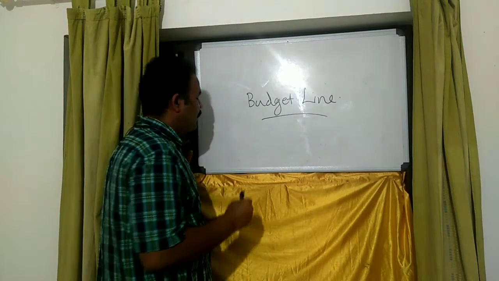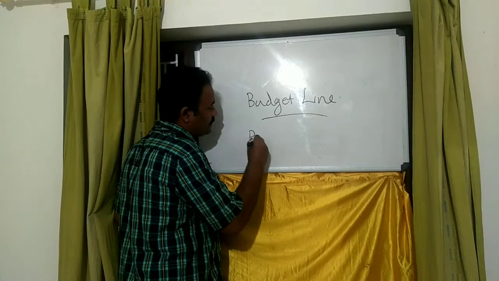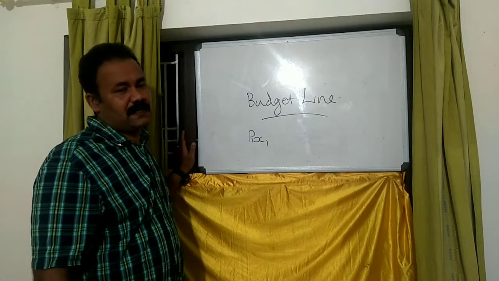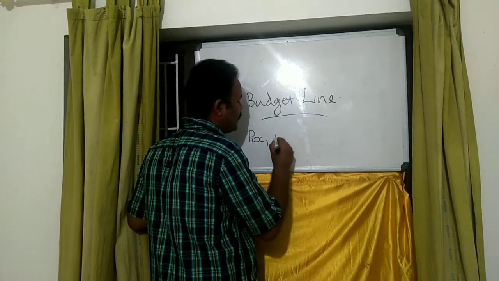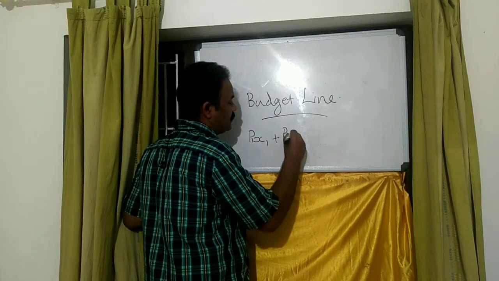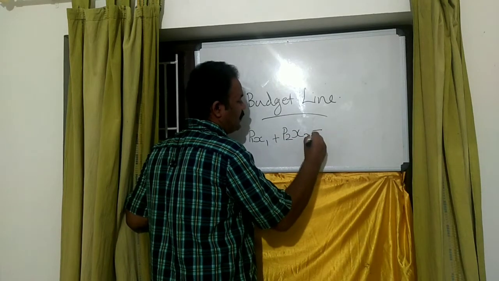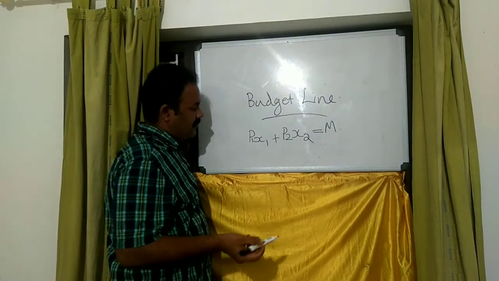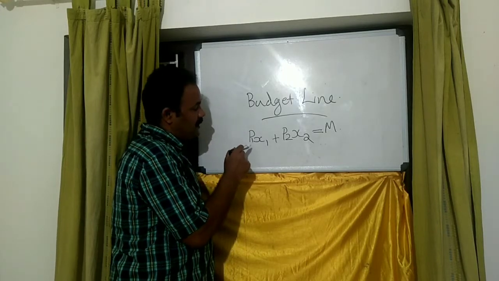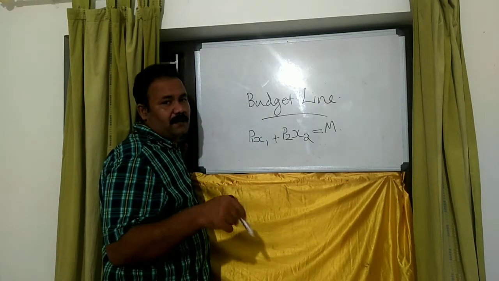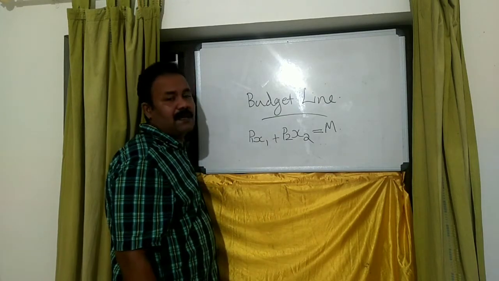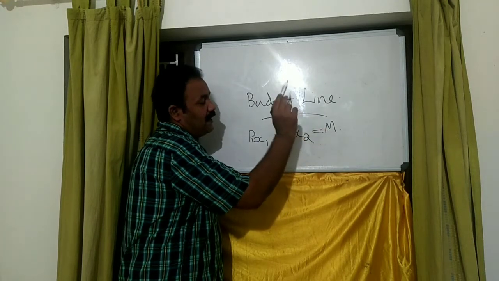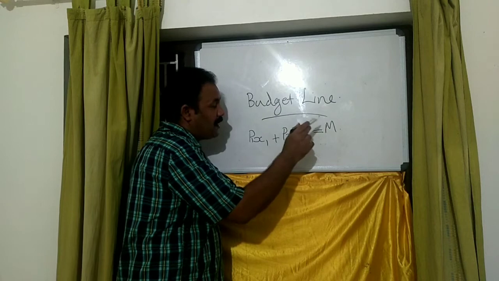Here the condition is P1 X1, that is cost of the first commodity, plus P2 X2, that is equal to M. That means the expenditure of the consumer, that is expenditure for the first commodity, P1 X1, plus the cost of the second commodity, P2 X2, is equal to the income of the consumer or budget of the consumer.